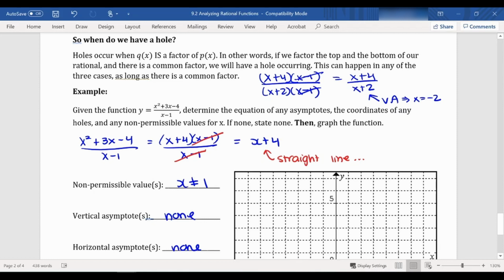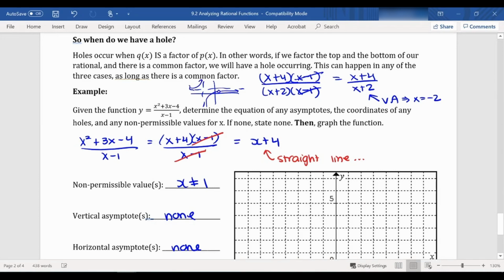So if I cancel out things, that results in a hole. And then it's almost like I'm starting over with my new simplified version. So my new simplified version here, the x plus 4 over x plus 2, that still has asymptotes, but it would also have a hole. So what would happen is when I graph this, I'd have my asymptote at 2, and then my other one would be at 1. And when I graph this thing, all that would happen is I would end up here as I graph.